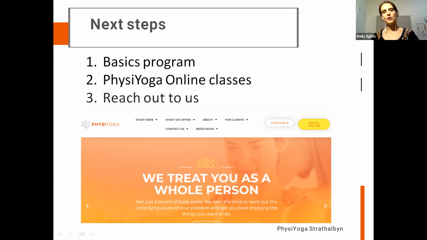Then the basics program helps you to activate and experience that in your body in the privacy of your own home. But then if you want to take that a step further, that's going to be assumed knowledge, or we're going to work with that with our Pilates classes. So Pilates and our yoga classes then take those principles and take them a step further and apply them through lots of different movement patterns.